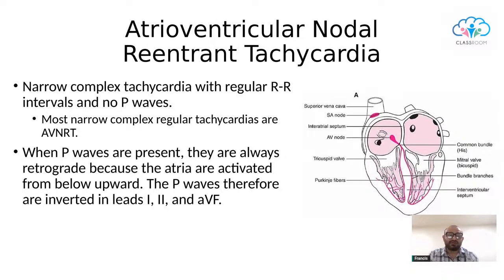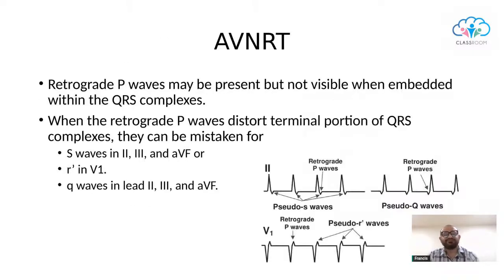When P waves are present, they are always retrograde because the atria are activated from below upwards. So here the vector of depolarization is in the opposite direction to how it normally is, and therefore the P wave will be inverted in the leads where it would normally be upright, that is in leads 1, 2, and AVF.